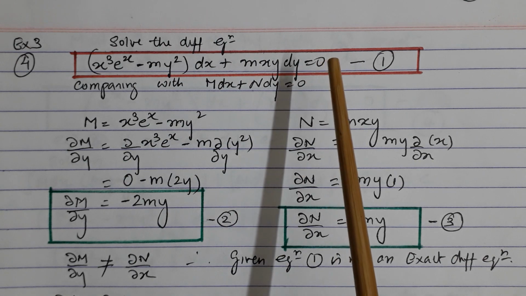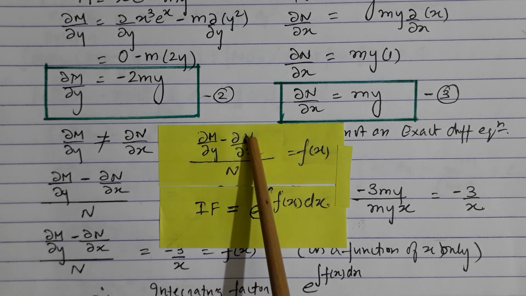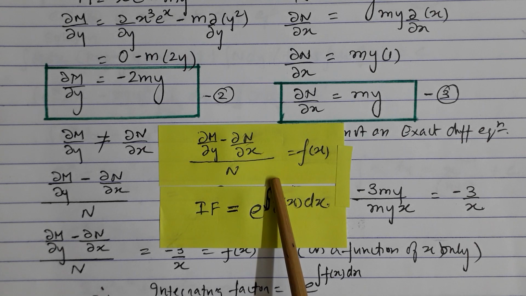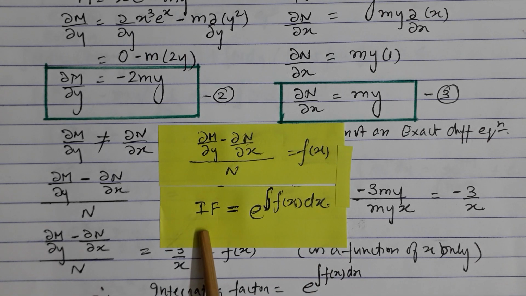Now, if (∂M/∂y − ∂N/∂x)/N is a function of x only, say f(x), then the integrating factor is e raised to the integral of f(x) dx.